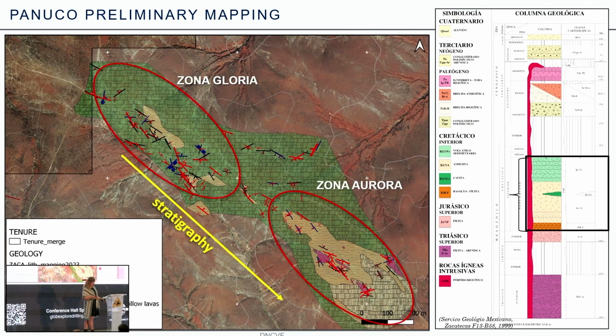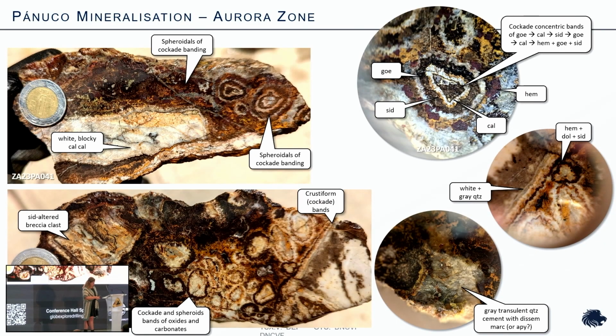This is the preliminary map with some of the vein details not well displayed. But the two main zones that we're focused on are the GLORIA zone and the AURORA zone. At surface, what you have here is the upper pillow basalt, and here is more of the lower pillow basalt, but you can see pieces of this at surface from the shafts that have been previously mined here.